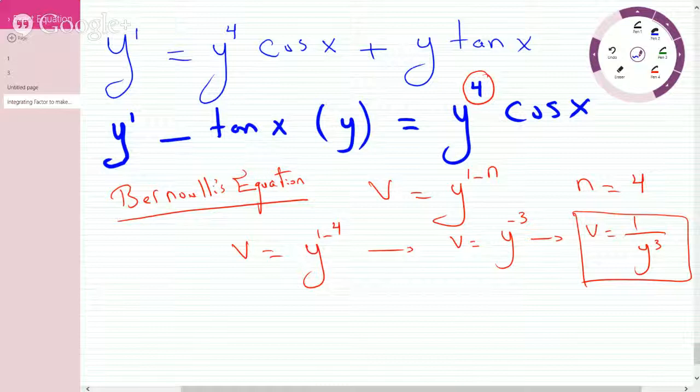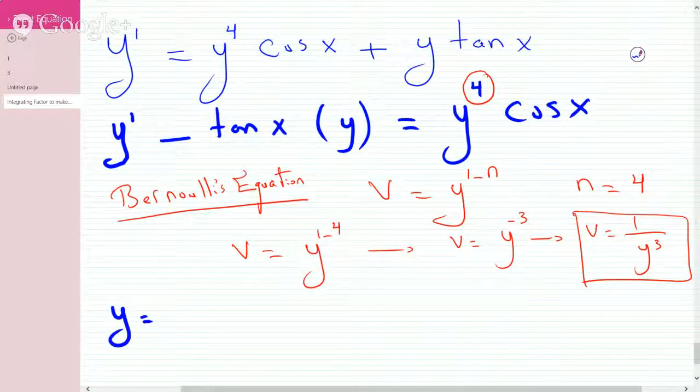So we can find y, so y is equal to, raise this to the minus 1/3, so v will equal to the cube root, or y will equal 1 over v cube root, which is the same thing as v to the minus 1/3.